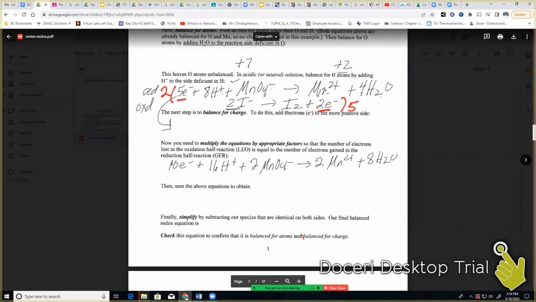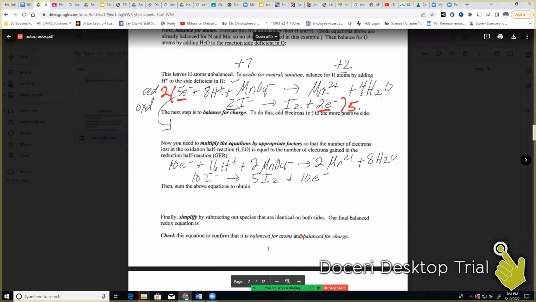Okay. Now I need to go with my other one. I'm going to multiply everything here by 5. So 5 times 2 is 10. So 10 iodine gives me 5 I2s plus 10 electrons.